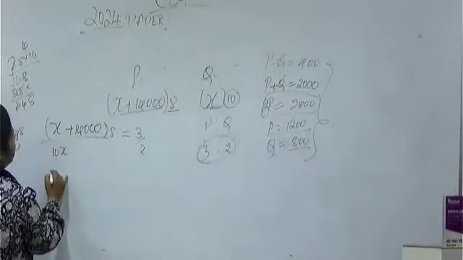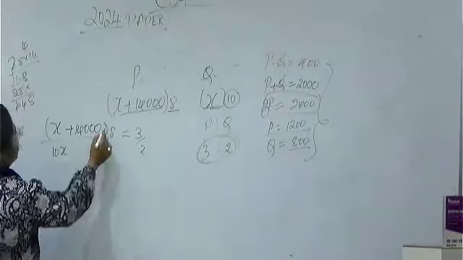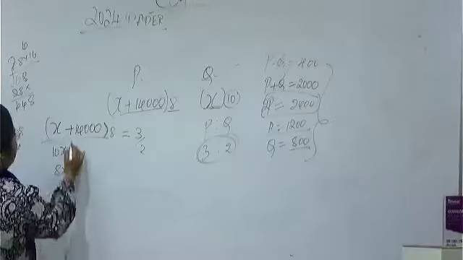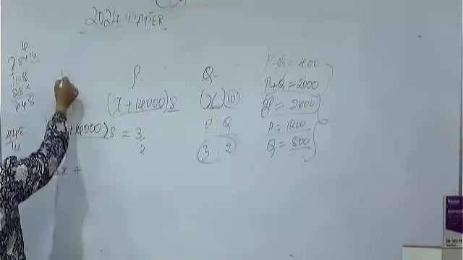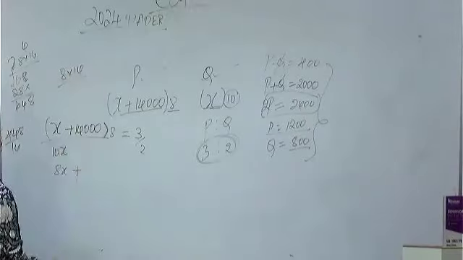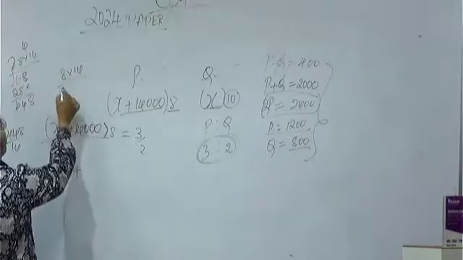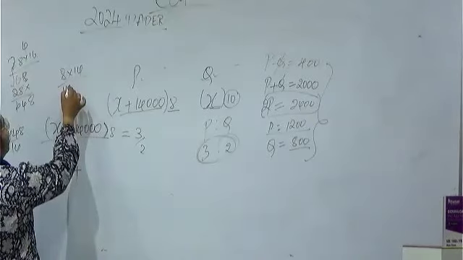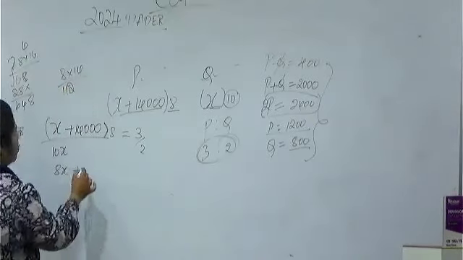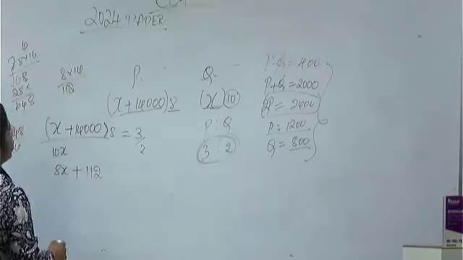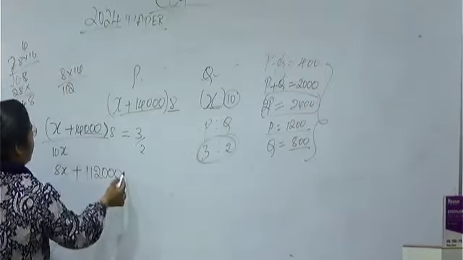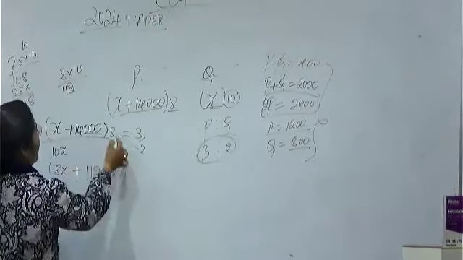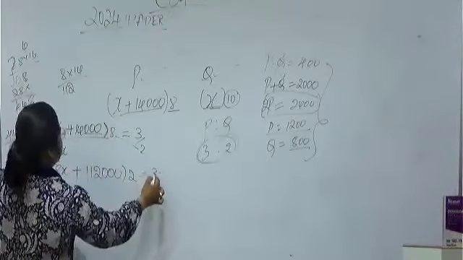Do it like this. This is into 8, I'll not mess it up. 8x plus 8 into 14 is how much? 14 times 8 is 112, and this is 00. Do you agree? Then I will cross multiply and this will become 38.